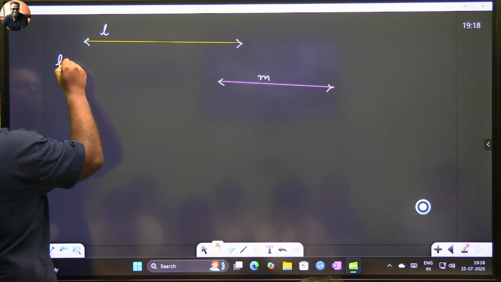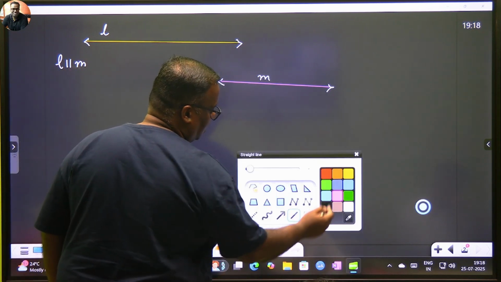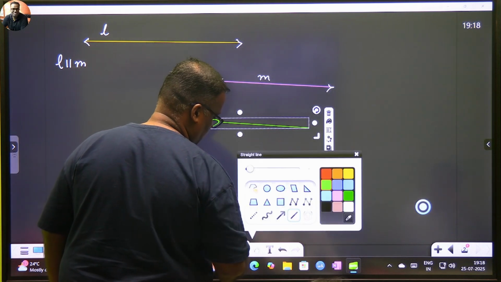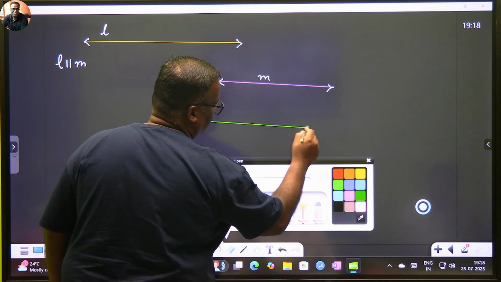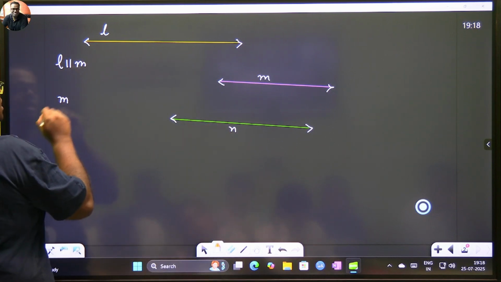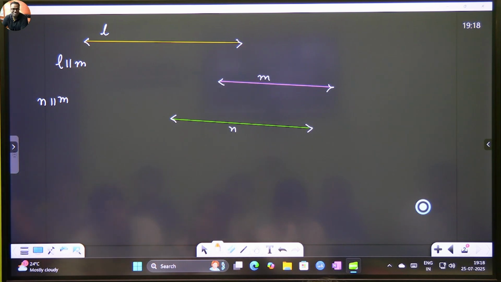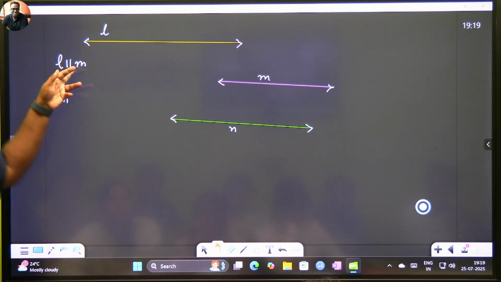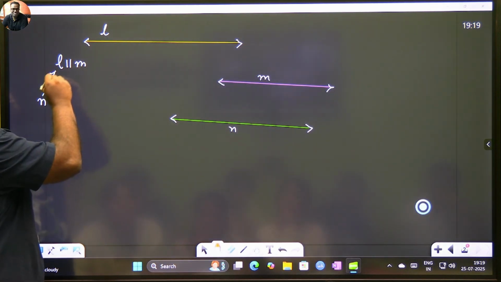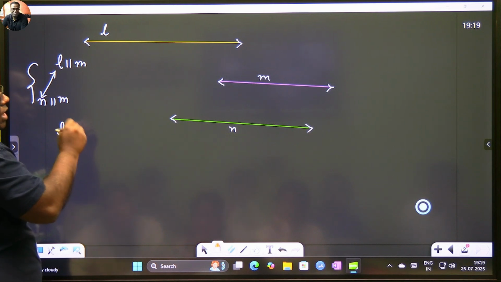And there is a third line, let's say out here, and this is line N. And I say N is a line which is also parallel to M. Which means these two lines must be parallel to each other. In such a scenario, L has to be parallel to N.